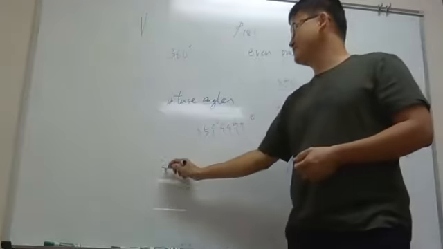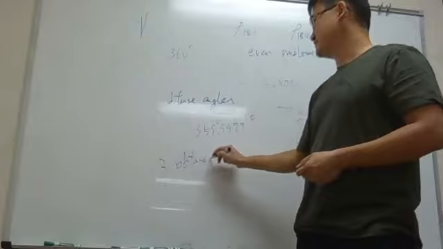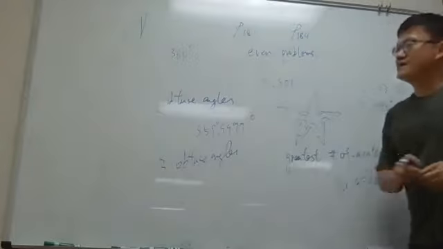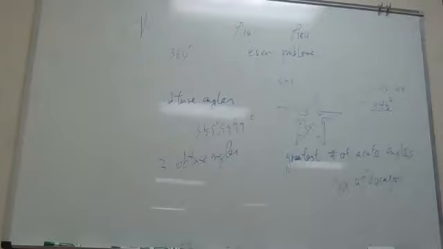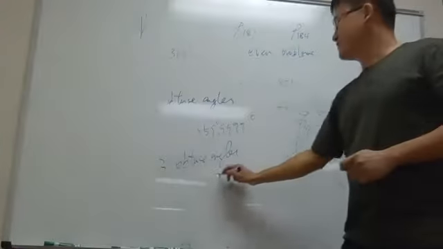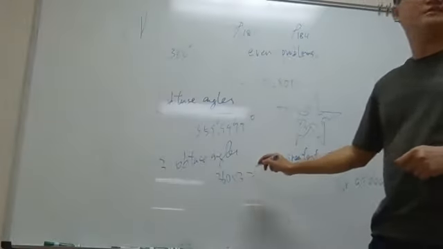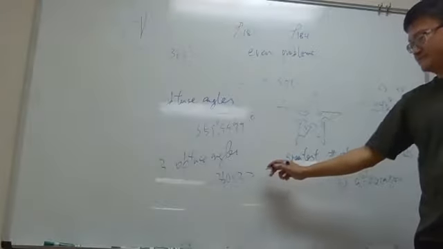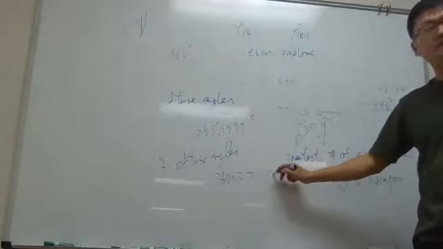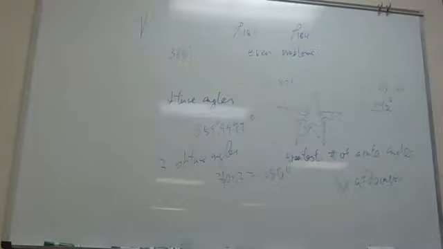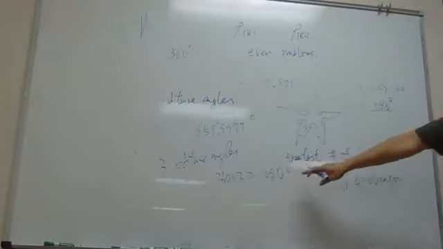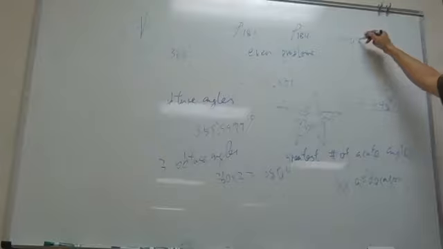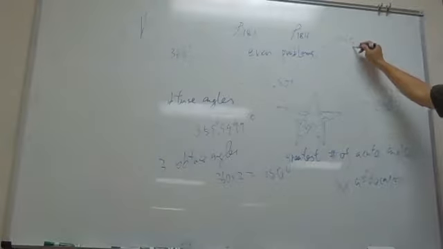And how about we try 3 first? Okay, so let's try 3 obtuse angles. So how many degrees roughly does 3 of them take if everyone is at its maximum, close to 360? So it's going to be 360 times 3, which is how much? 1,080. Okay. And then you can see how many degrees are still left. We have 1440 minus 1080, right?